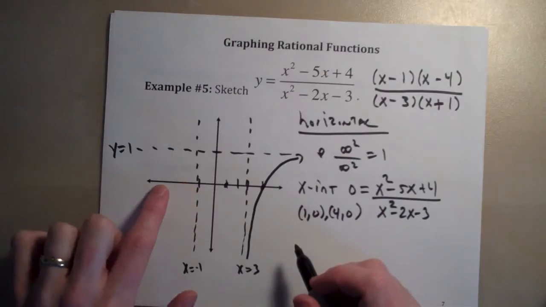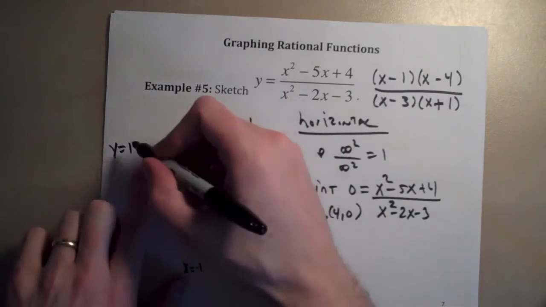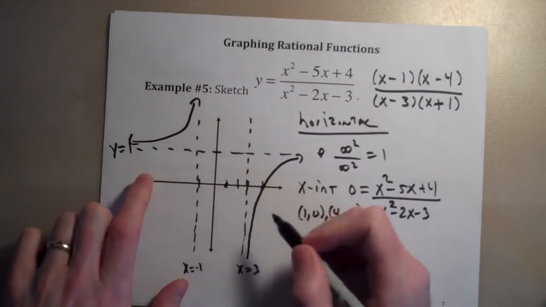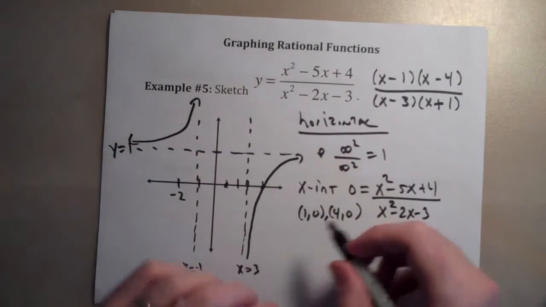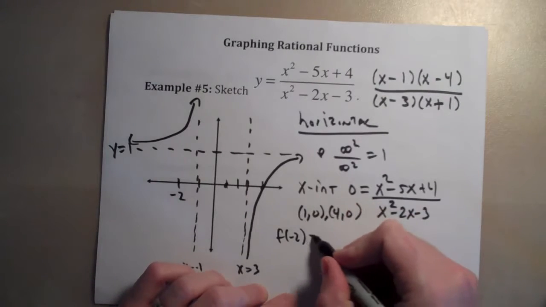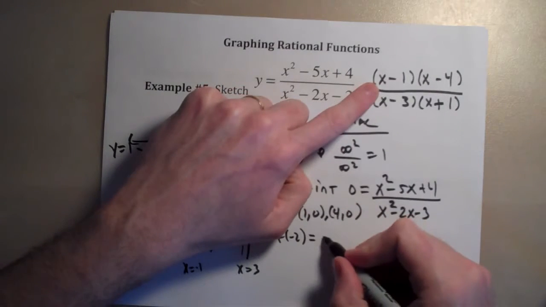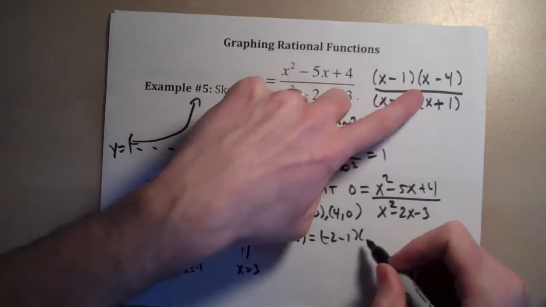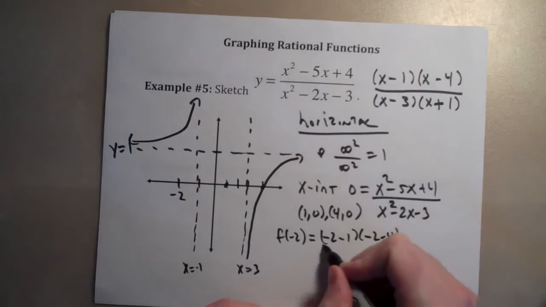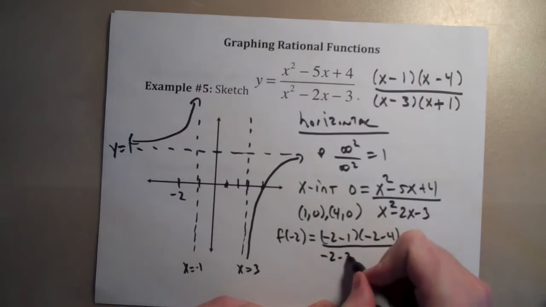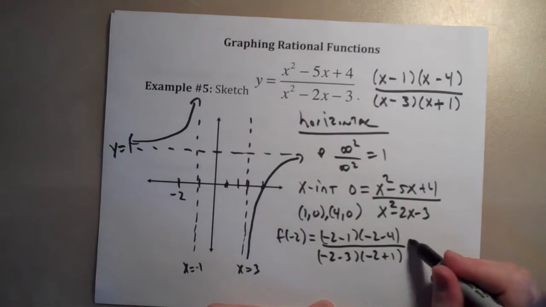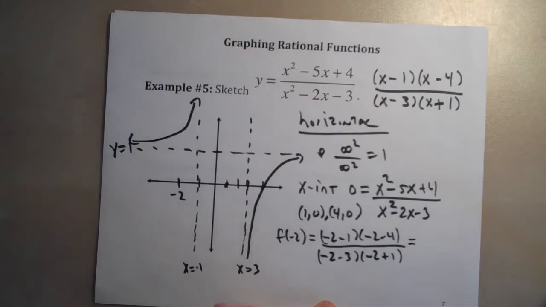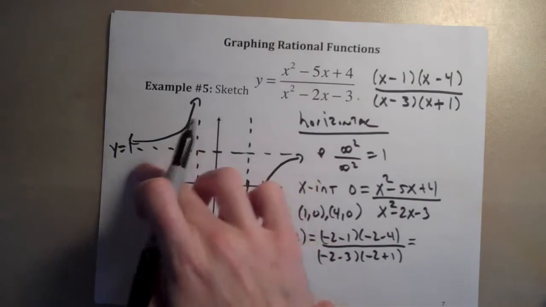Let's do a test point over here for this left region. I'm going to guess the graph looks like this. But let's do a test point. Let's do -2. So going to this equation here, I want to know f of -2. Even if you're just concerned about whether it's positive or negative, that's probably not a good thing because it could be in this region here.